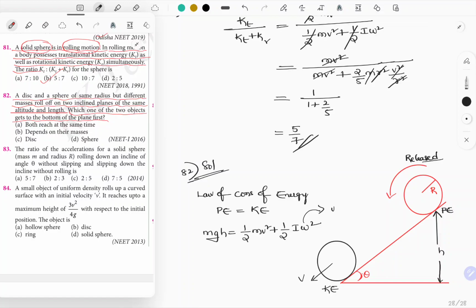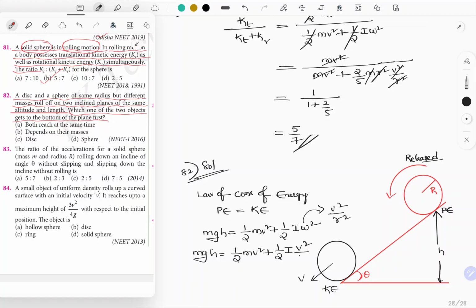This omega is replaced in the form of v square by r square, because the relation is omega is equal to v by r, then omega square is equal to v square by r square. That is, mgh is equal to 1 by 2 mv square plus 1 by 2 I v square by r square.